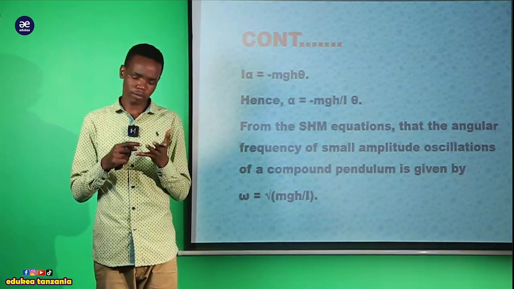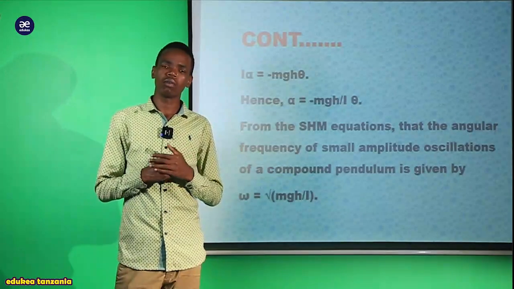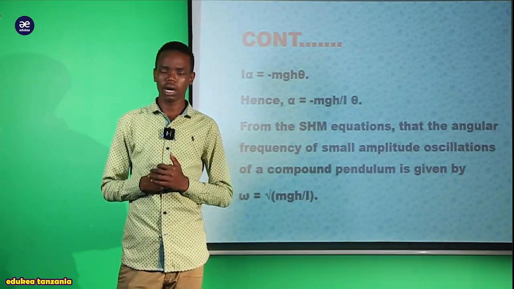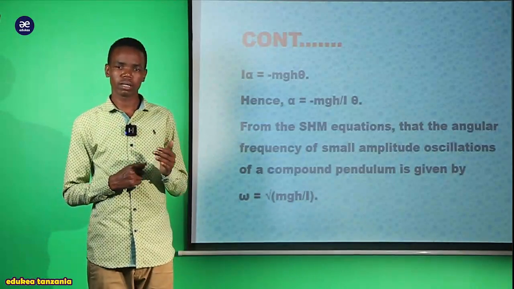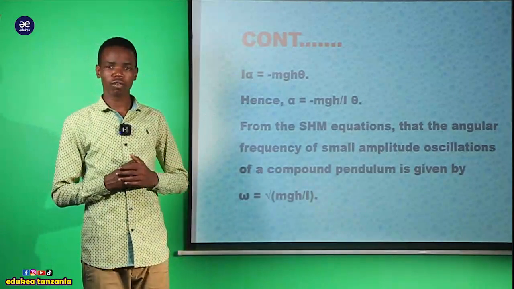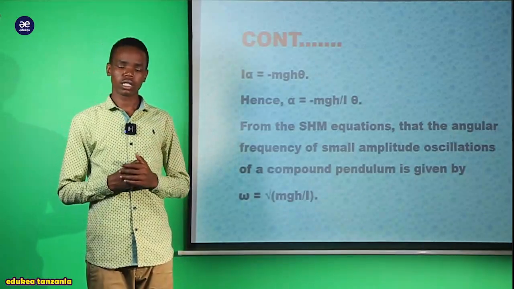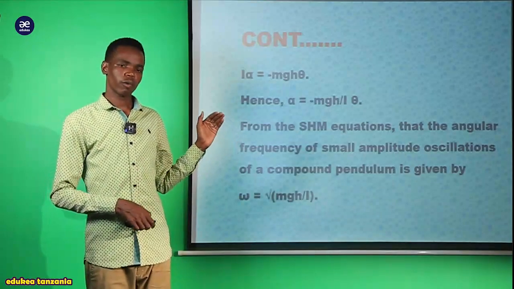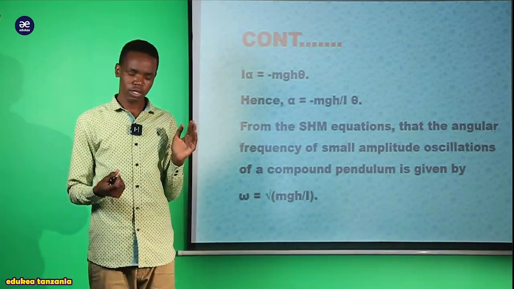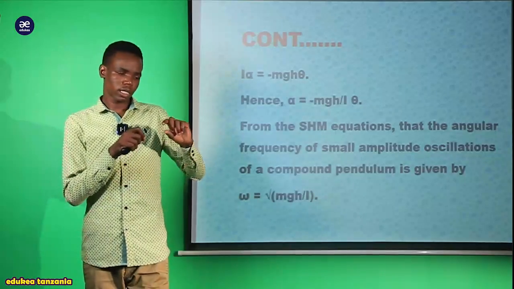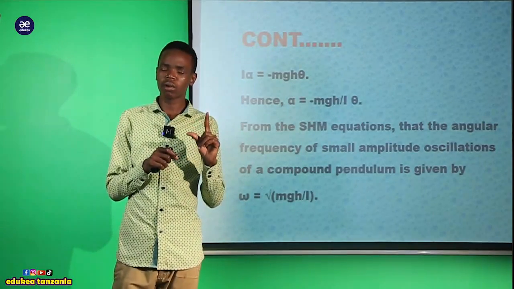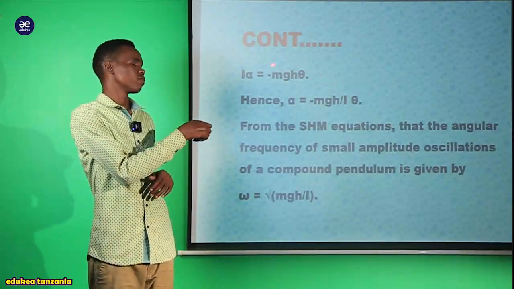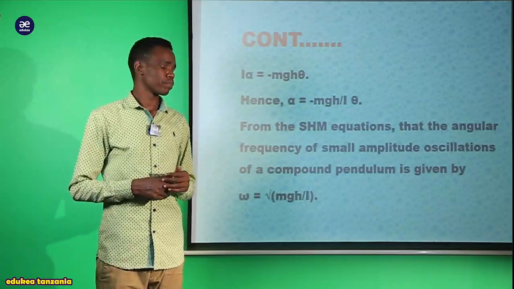is obtained by two equations. The first one, torque must be equal to the moment of inertia times the angular acceleration. Also, torque must be equal to negative mgh sin theta, but sin theta is approximately theta. Now when we equate this torque, we obtain that the moment of inertia times the angular acceleration must be equal to negative mgh times theta.